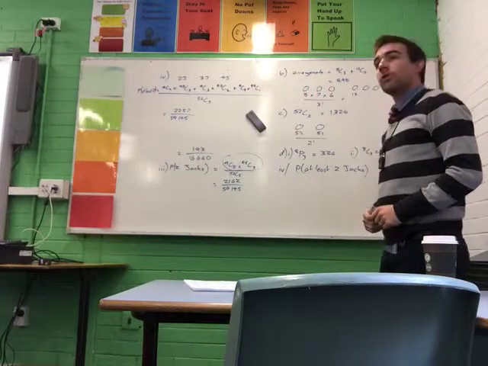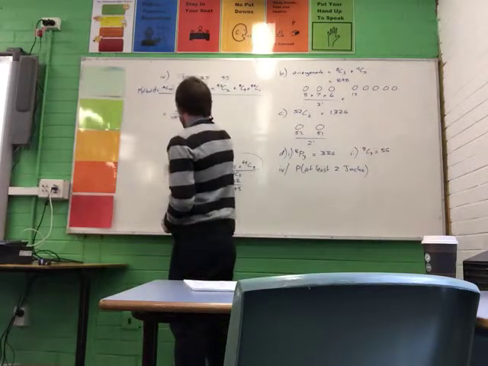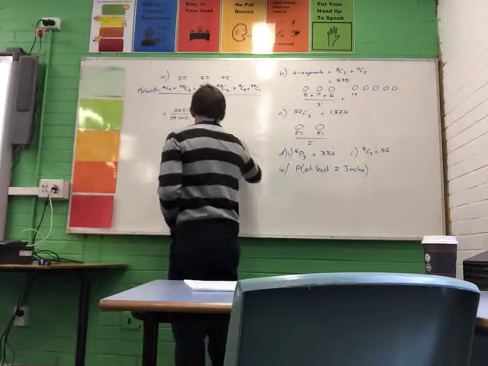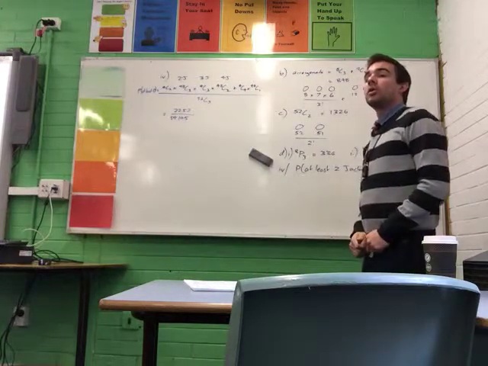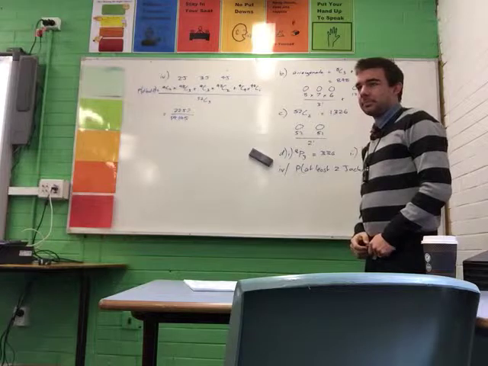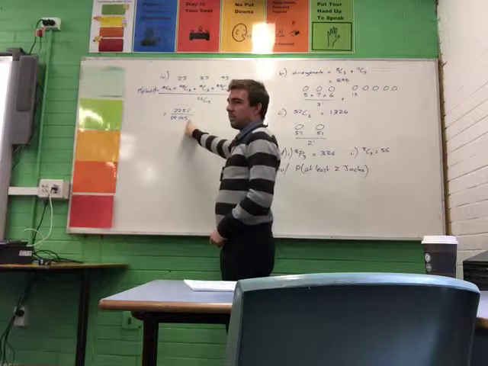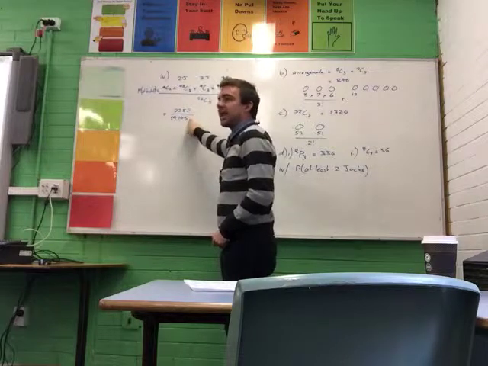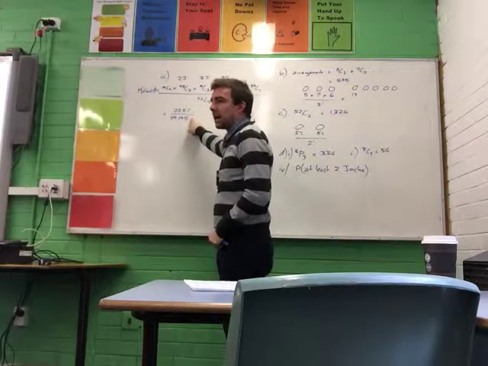Now, before I do the other arrangement, please, and you are listening, all of you, show your working. Do not just write this down. If you just write that down and it's incorrect, I can't give you any marks.